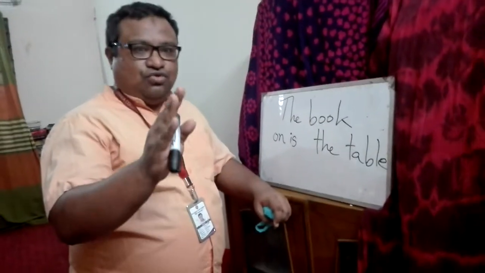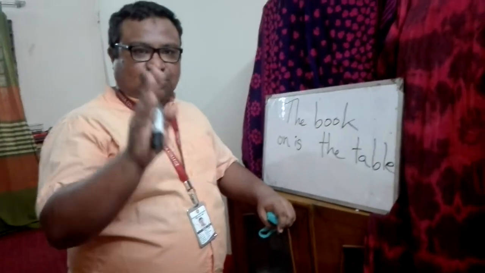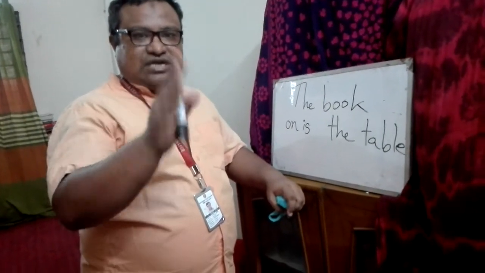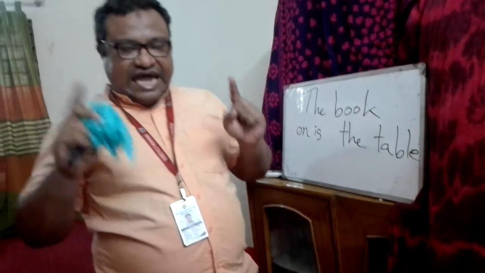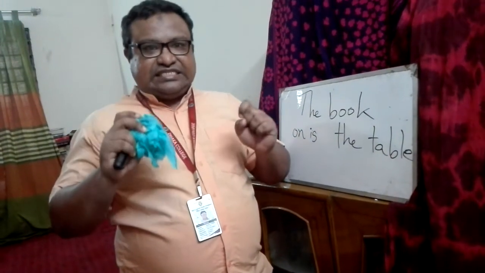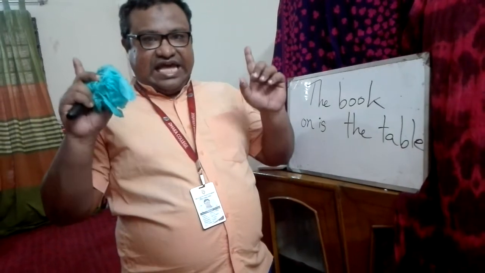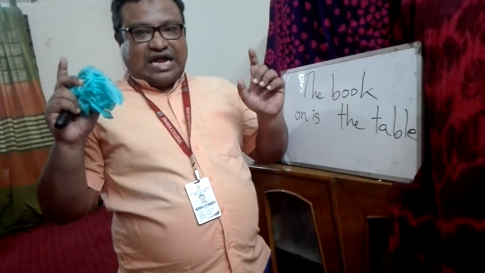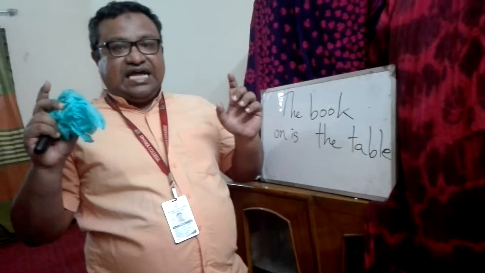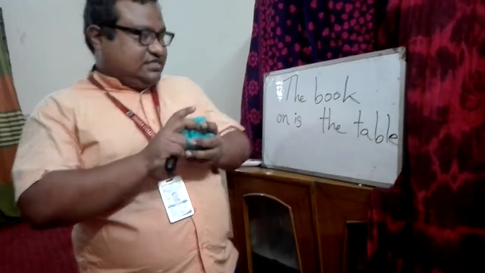So what do we understand by the word cohesion? By the word cohesion we understand that the sentences in a particular paragraph or particular text have the structural unity, they maintain the grammatical structure.